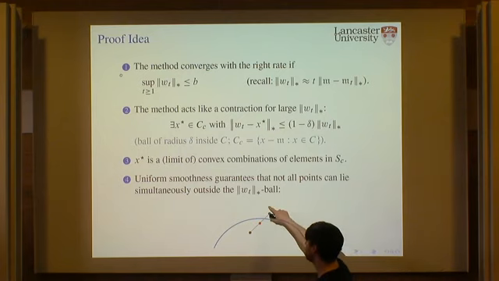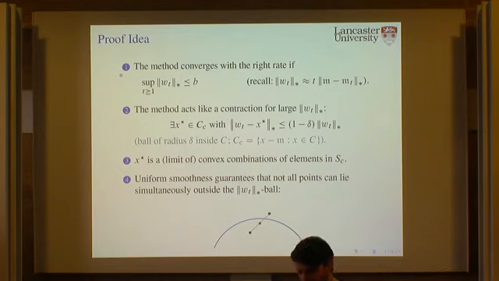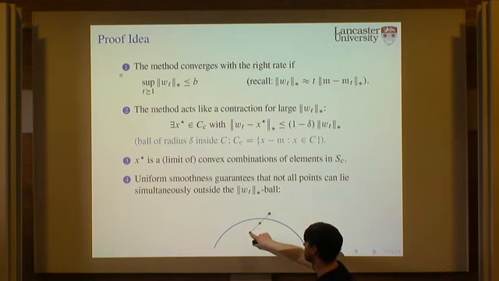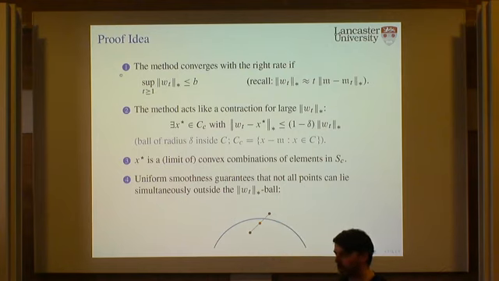This one here would be W_t minus S1. This one here would be W_t minus S2, and the convex combination gives me my x star. So what I need to know now is that at least one of these has a norm smaller than W_t itself. So in this figure here, this is a ball of radius W_t.